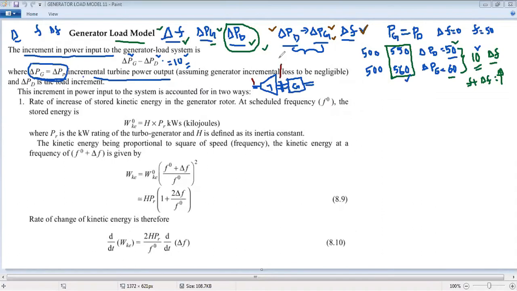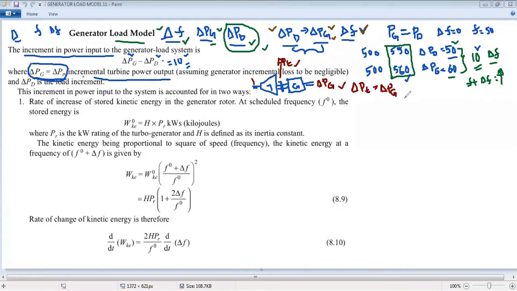The output of the turbine is given by delta PT, and the output of the generator is given by delta PG. Note that we are discussing changes in the powers, that's why every time I am mentioning this delta. Here we are assuming that the output of the turbine delta PT is equal to the output of the generator delta PG.